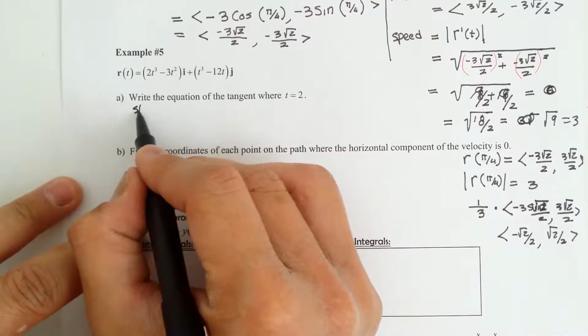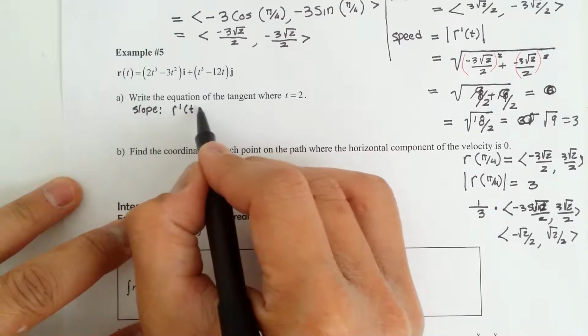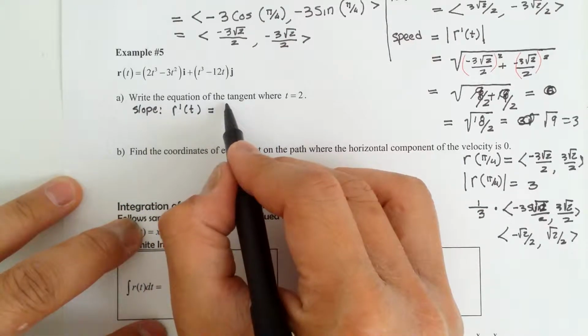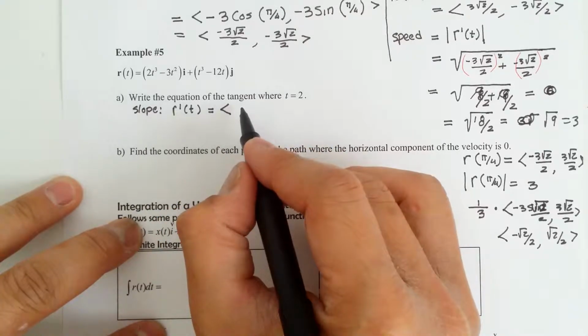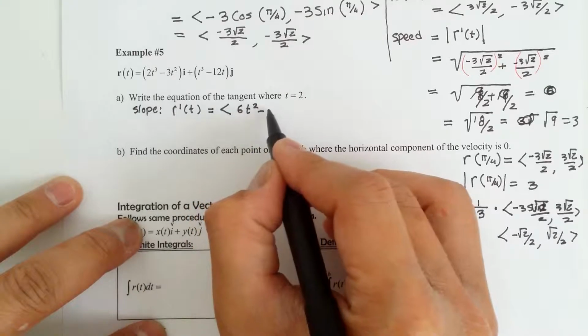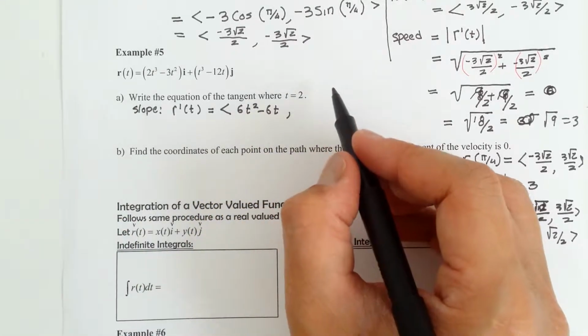We start by looking at the derivative of the position vector, which is going to be 6t squared minus 6t. That's the x component.